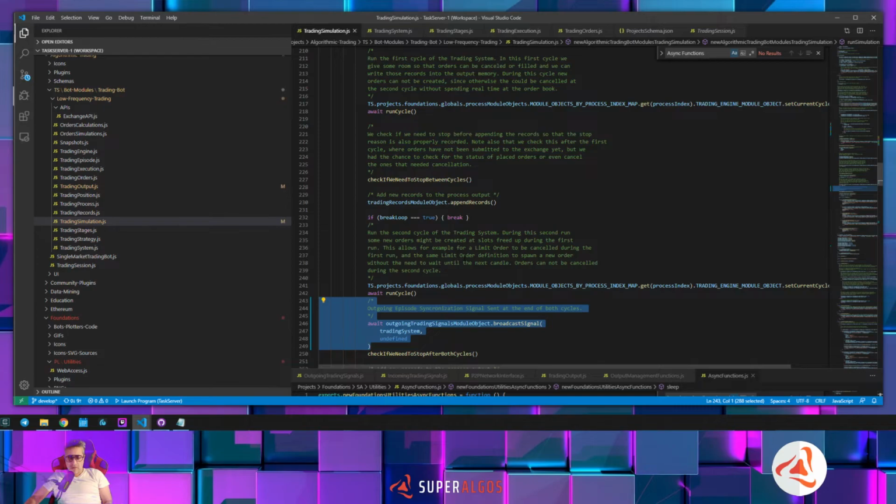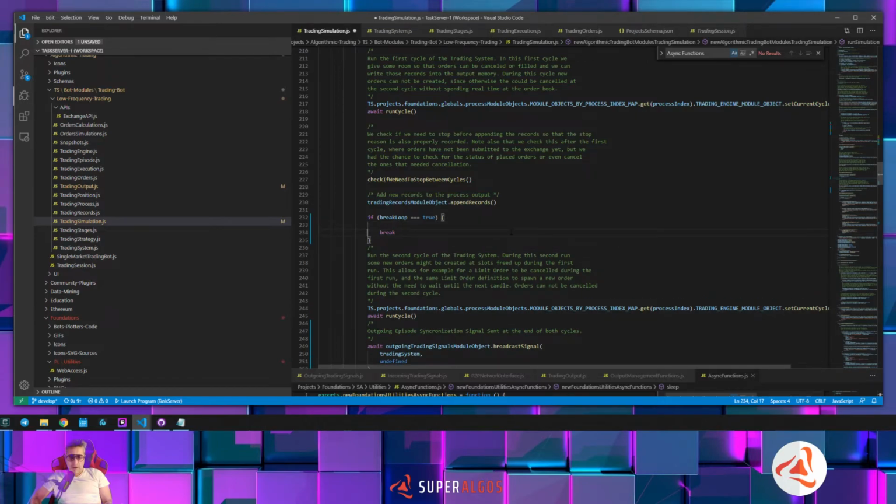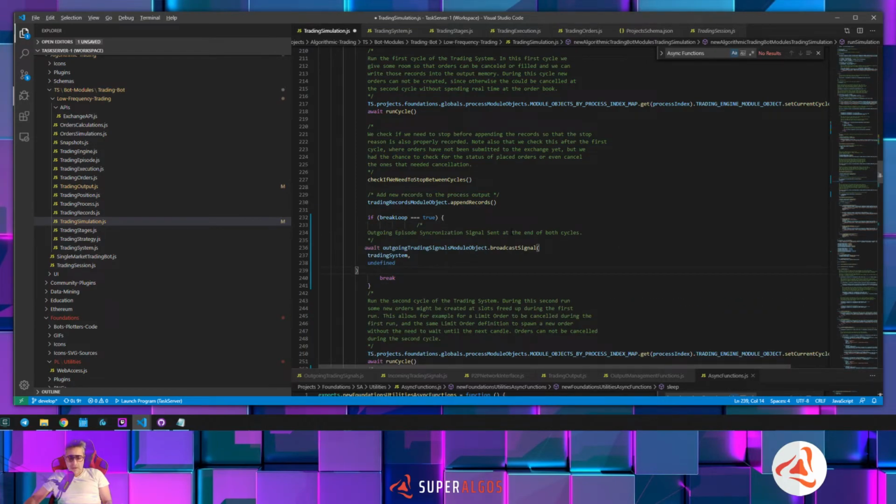And also, if after the first cycle we understand that we need to break the loop, we are going to break the loop, but we are going to send also outgoing episode synchronization signals sent before breaking the loop.